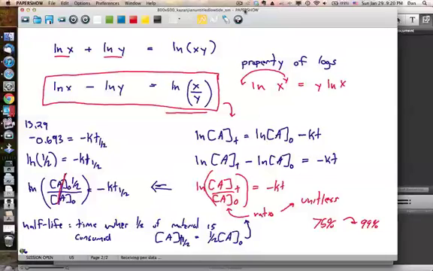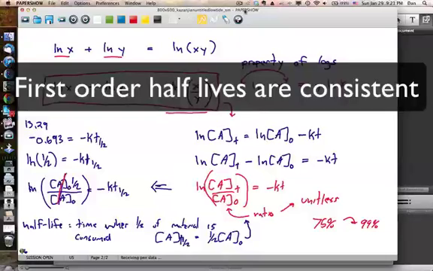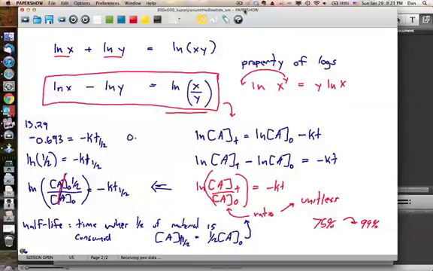So for any first order reaction, we can use this idea of the half-life, the time it takes for half the material to disappear. What we find is that the half-life is always the same. It's always a multiple of the rate constant. 0.693 divided by k will equal t 1/2.